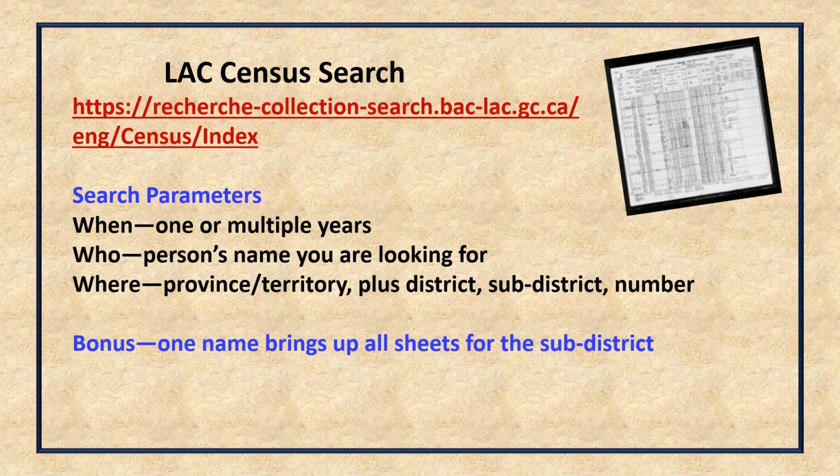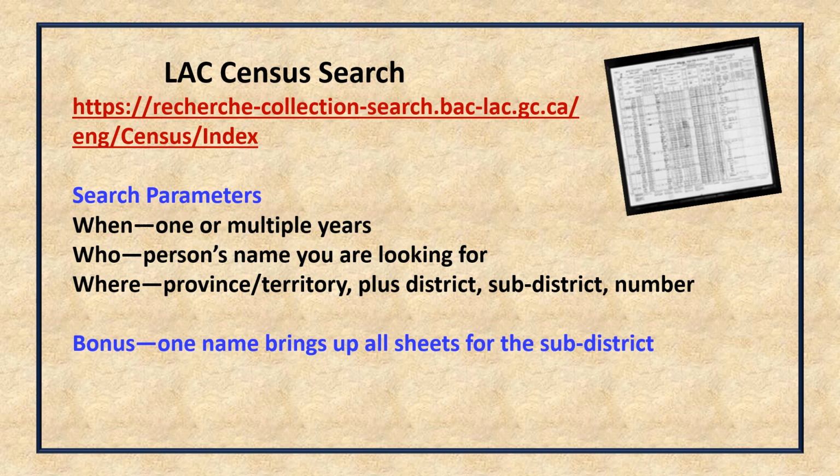You can conduct either a broad search, that is the whole province, or a narrow one by inputting a specific district and sub-district, which will return fewer individuals having the same name. For example, a province of Nova Scotia search in 1931 for a John McClellan will return 75 instances of that name, whereas narrowing the search to Hants Kings will give you one in Kempt Point and Walton subdistrict.